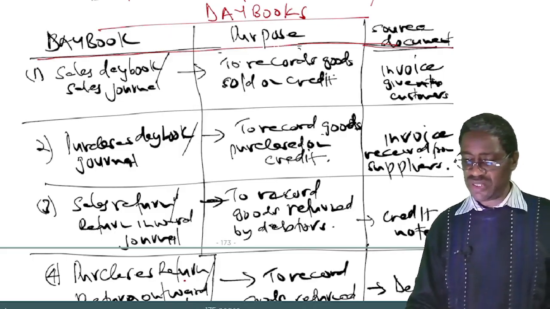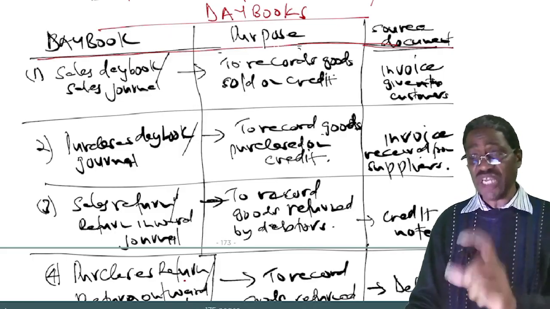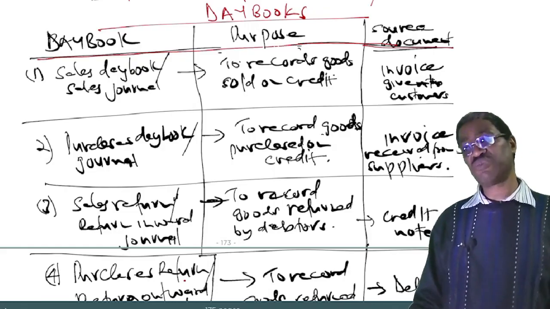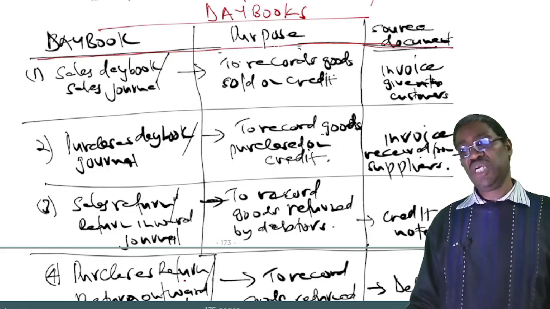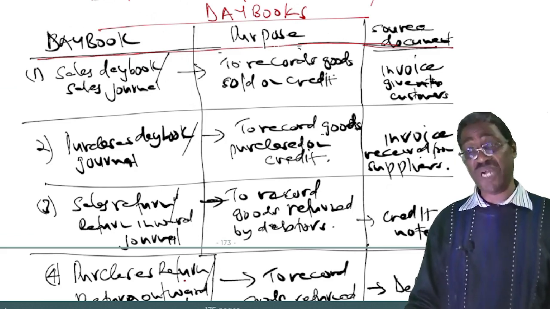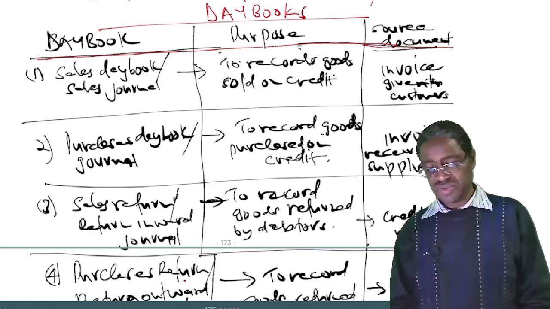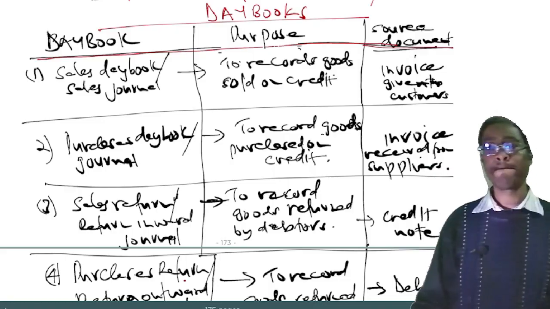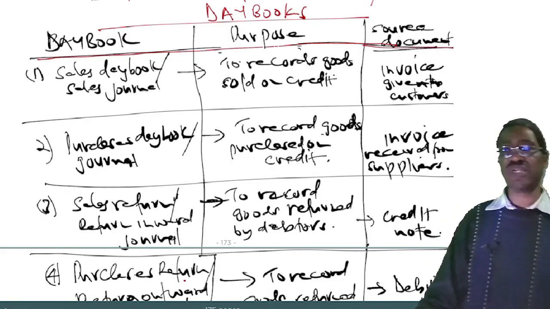Then the document is what we are calling invoice received from suppliers. Good. That's number 2. I hope you are through with that number 2.